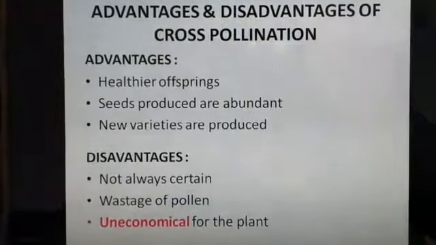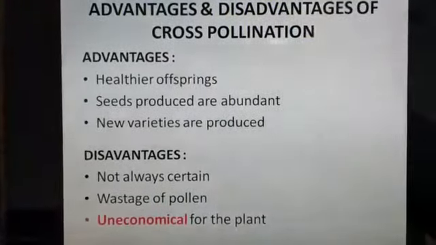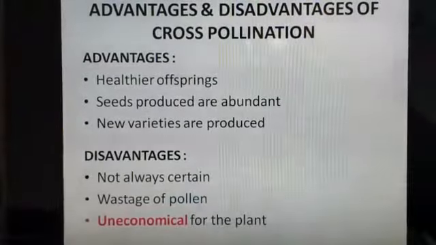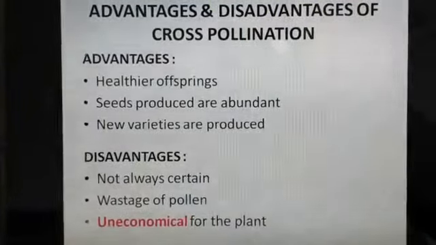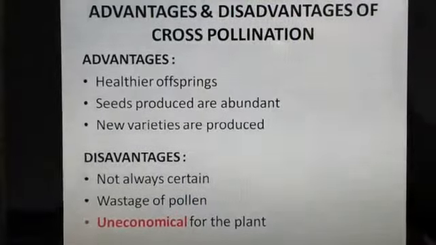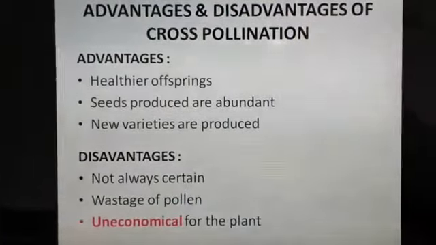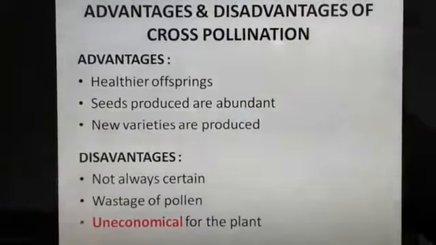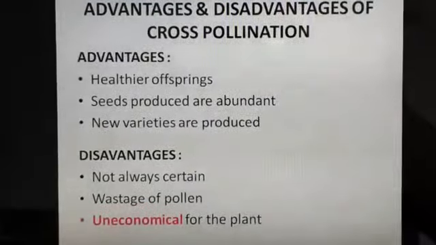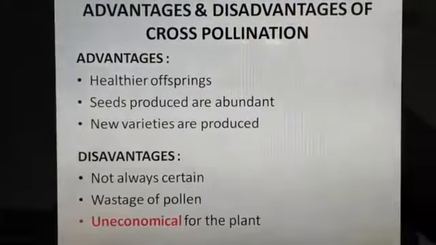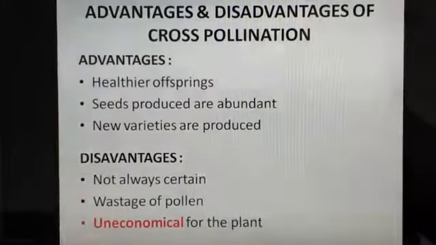So it is not always certain. The next point is it leads to a lot of wastage of pollen grains. Yes, in case it is carried by wind, then when the speed of the wind lessens, the pollen grains may fall in some other place. So the pollen grains get wasted a lot.